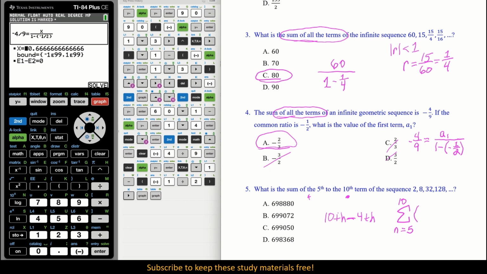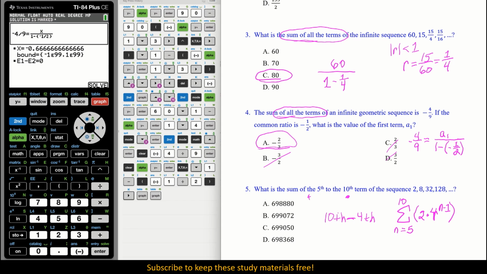We would have to use that original geometric, which is actually, no, we would actually have to get the actual values. No, it would have to be 2 times r, which would be 4, and then n minus 1.